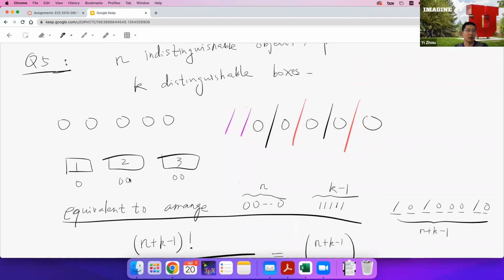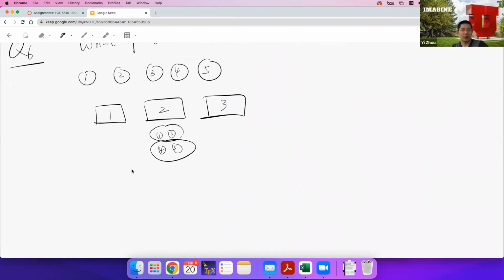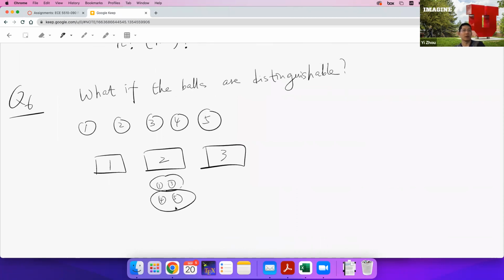So as long as you have two balls in box 2, they are the same. But here the balls are distinguishable, so the labels matter. So these two will be different assignments to box 2. The question is, in this case, how many cases do we have?